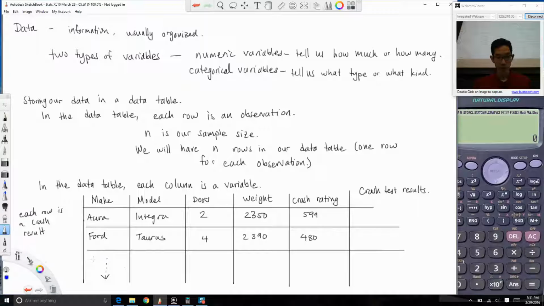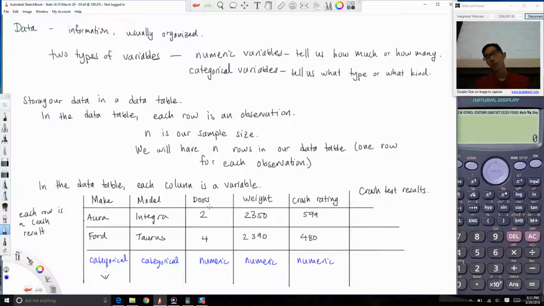The number of doors is numeric, and weight is also numeric, because these tell us how many. Now, as far as doors go, we could have changed it. Instead of doors, it could have been coupe or sedan, and then suddenly it's categorical.